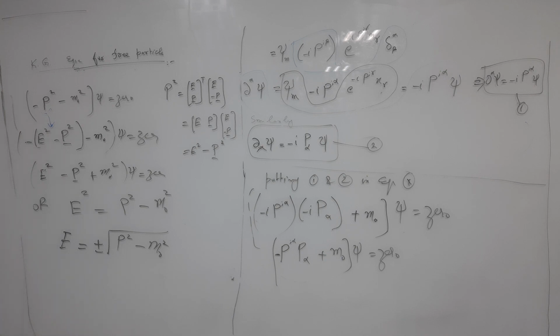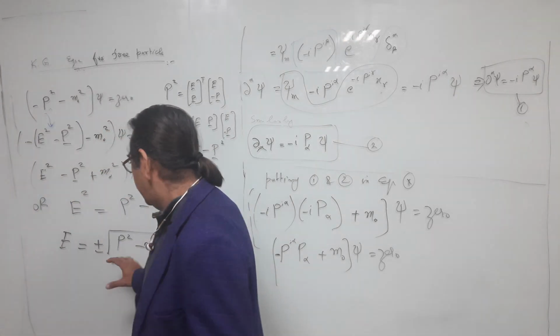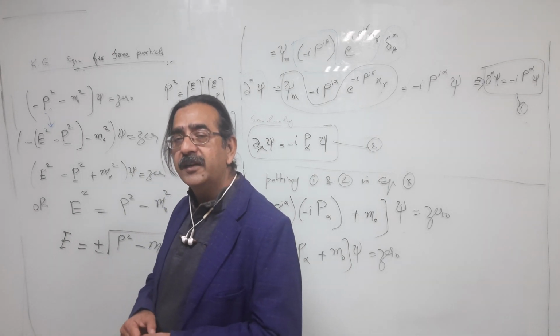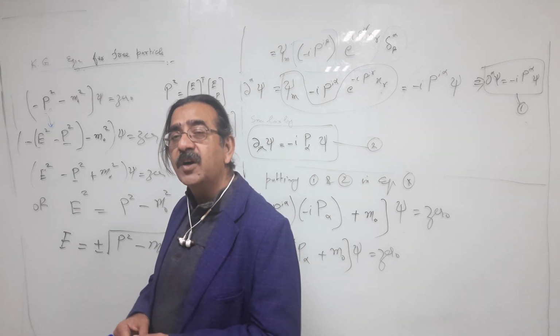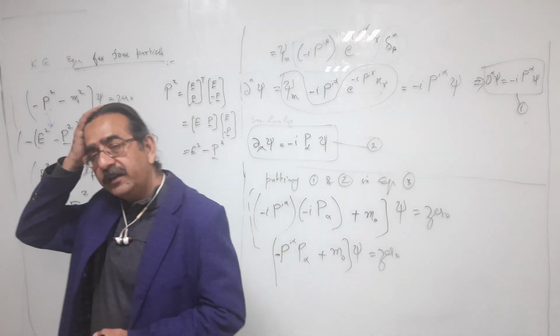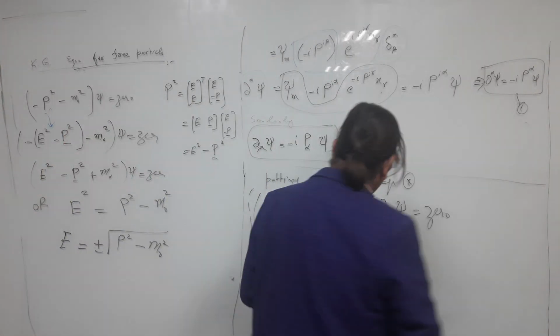And the second problem is that it also predicts negative charge density. That is also not acceptable. Now I will prove why one is negative energy and why the other is regarding negative charge density, how this equation is predicting the negative, by the equation of continuity.